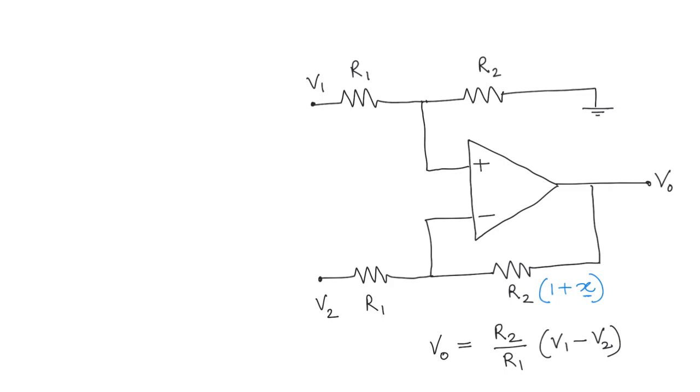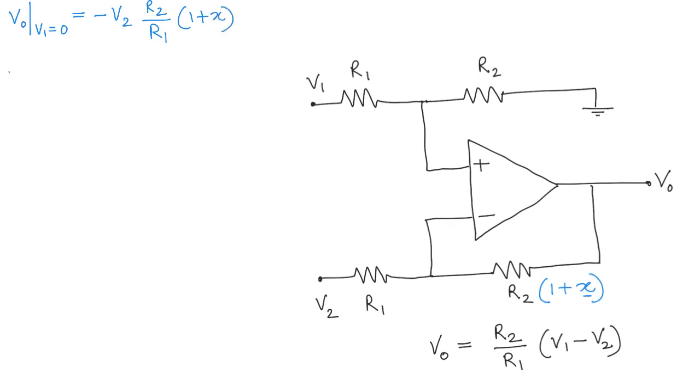So we can look at the output because of V2 alone, that is the output when V1 equals 0. We get that the output is going to be minus V2 R2 over R1 times (1 plus X). It's fairly straightforward.